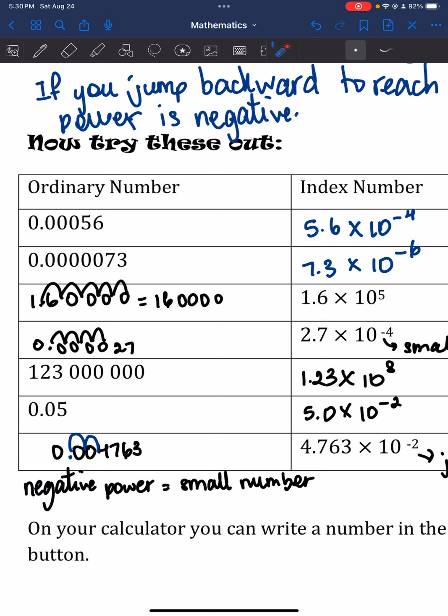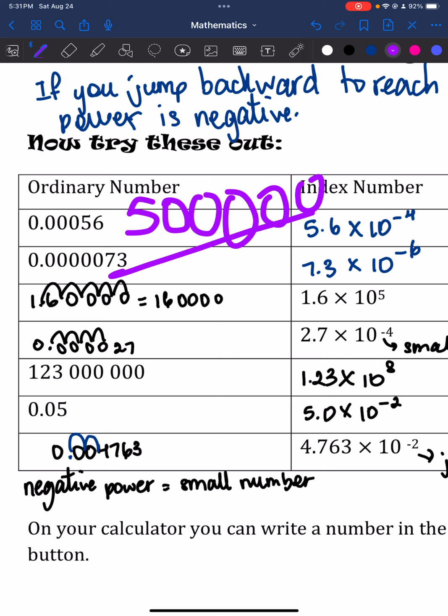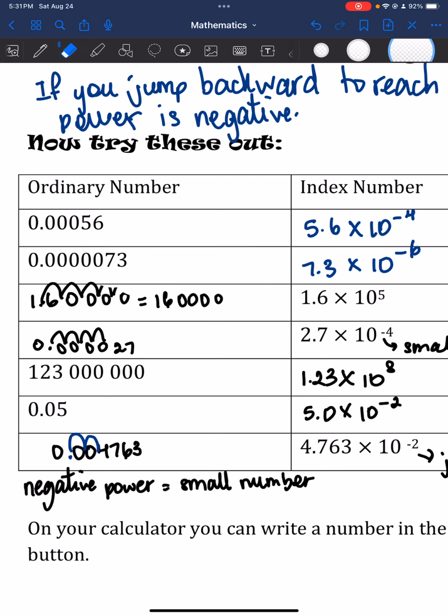So this is where it's about to get a little confusing, right? So make sure you listen and pay attention. You're jumping right, I say it's a bigger number, it's positive, which means you're adding to the number on your right side. So if you say it's 5 jumps, 1, 2, 3, 4, 5, a real big number, you see, because we add into the right side. But if you say it's 5 by 10 to the power negative 5, right?